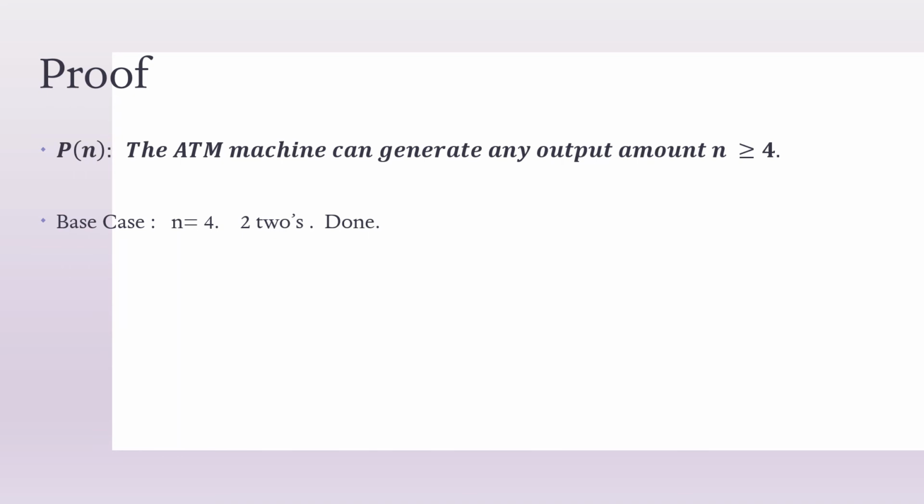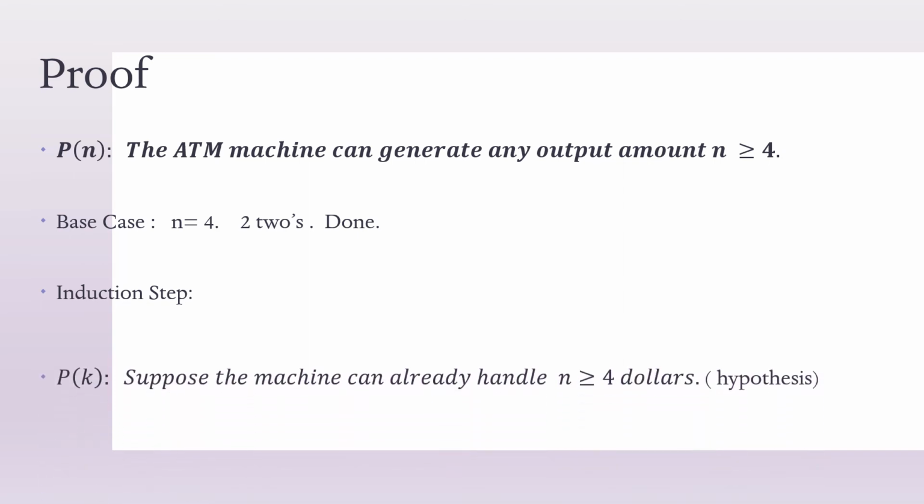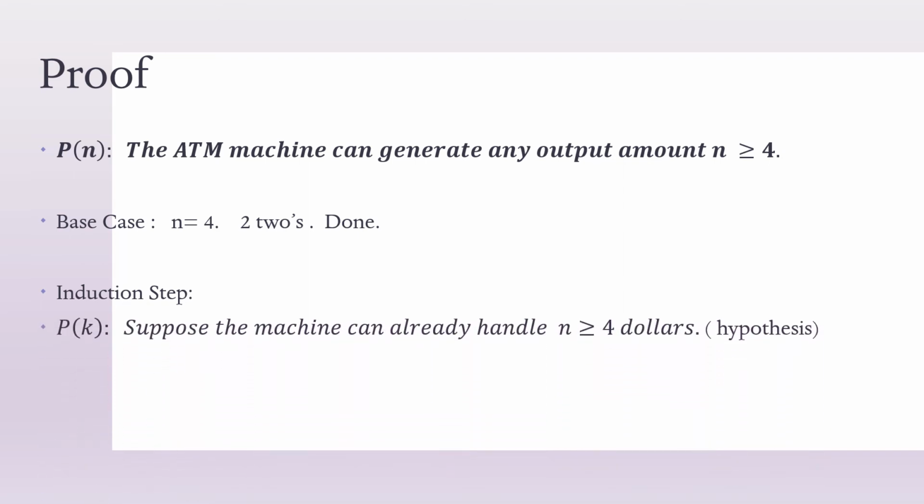For the inductive step, we need an induction hypothesis, and that is P of k. Let us suppose that the machine can already handle n greater than or equal to 4, and we have to prove this for P of k plus 1.